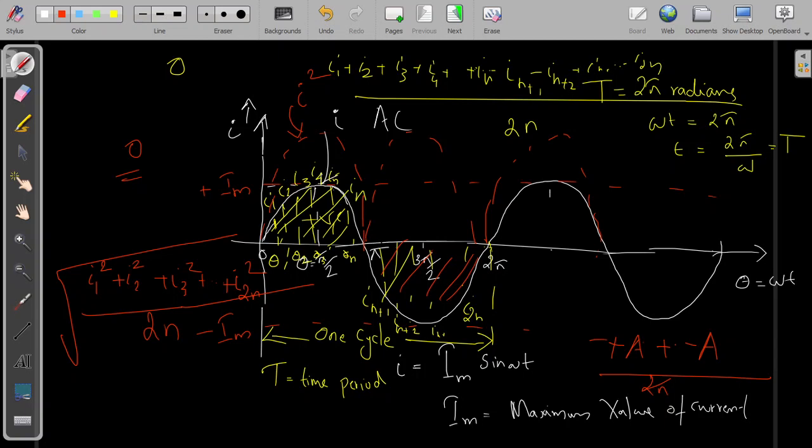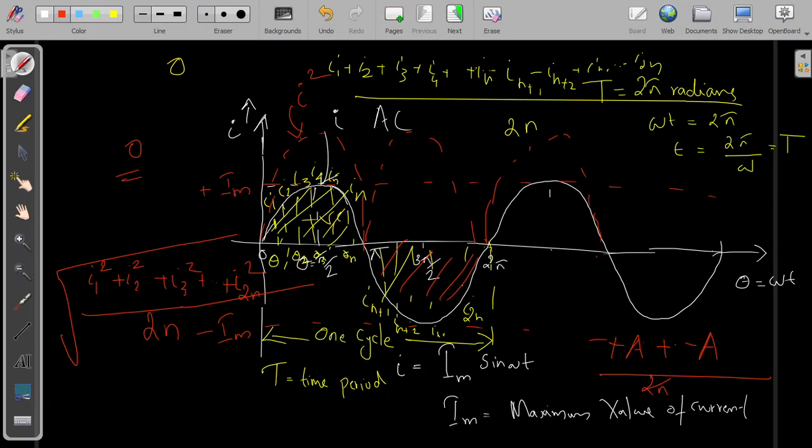But to find the RMS value, the base length is not pi, it is 2 pi.